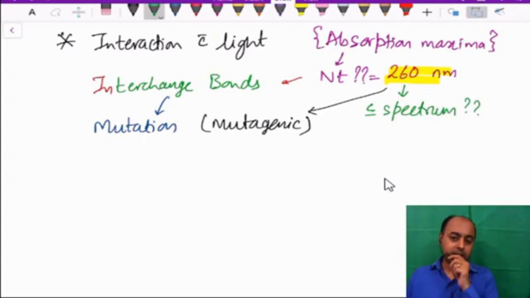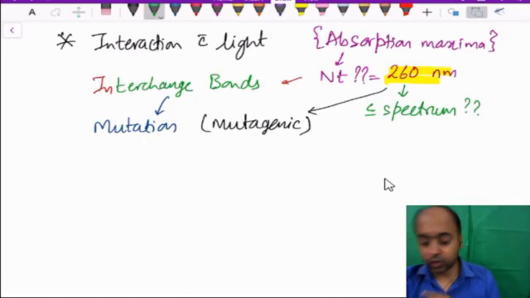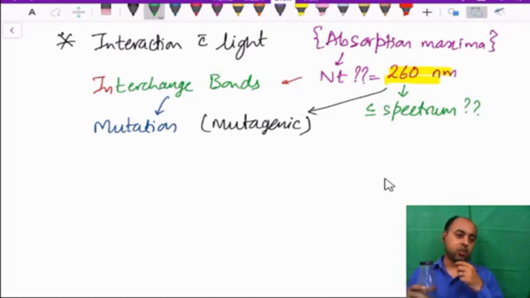Is it the ultraviolet light, is it the visible light, or is it the infrared light? 260 nanometer wavelength of light, in which spectrum does this fall? UV light, infrared light, or the normal visible light?